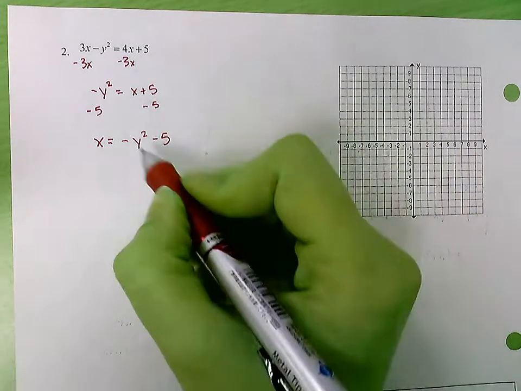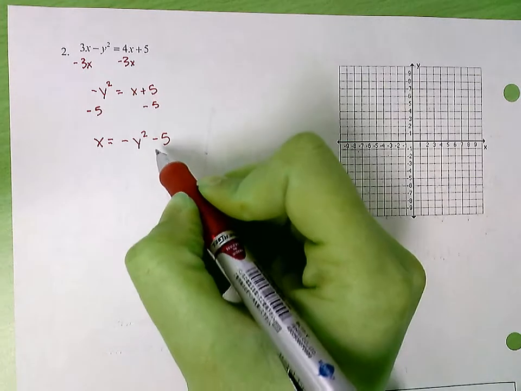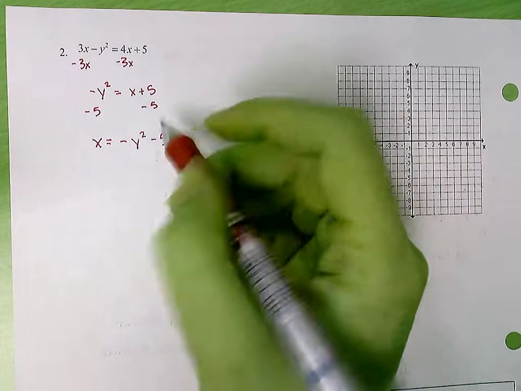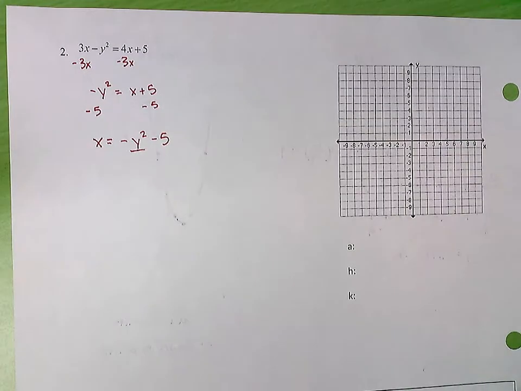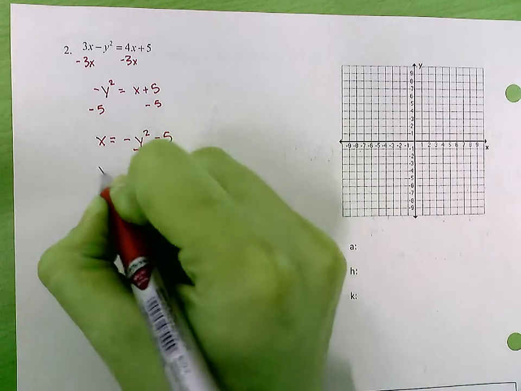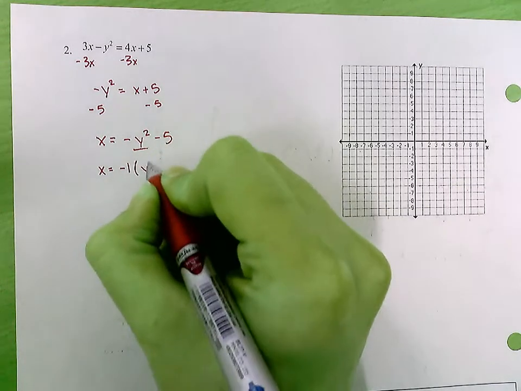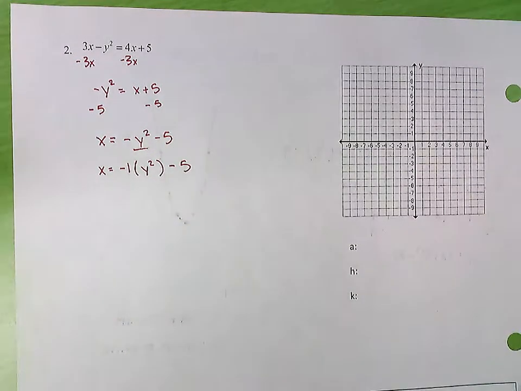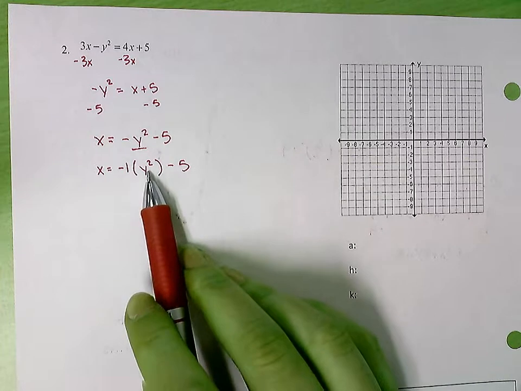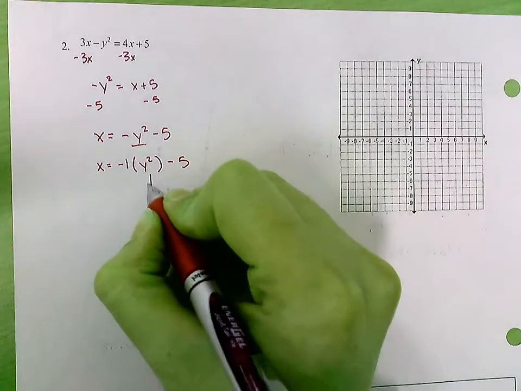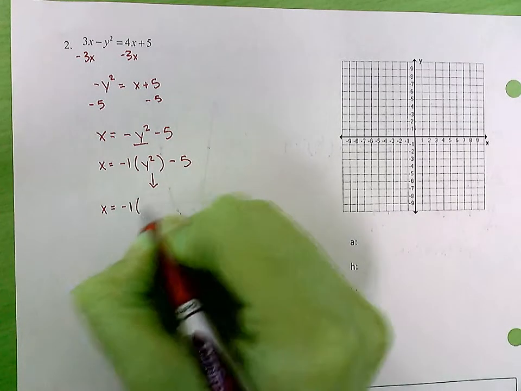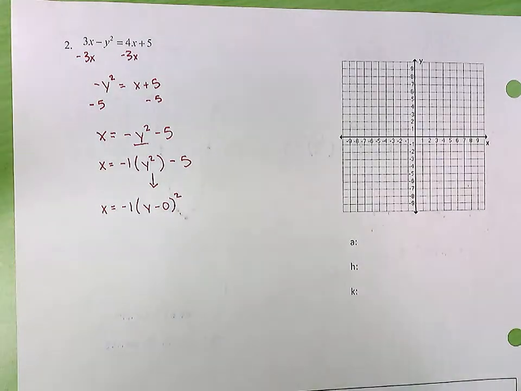Now if you notice, we don't have that middle term there that says a number times y, like normal. So I'm just going to look at this one. To find my a value, I'm going to factor out that negative 1. Now if I have just this y squared, instead of completing the square, I can rewrite this as y minus 0 squared.